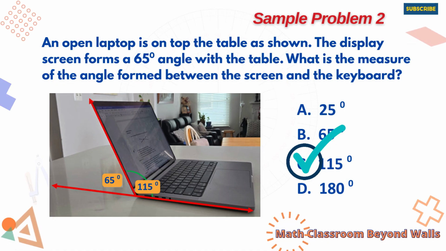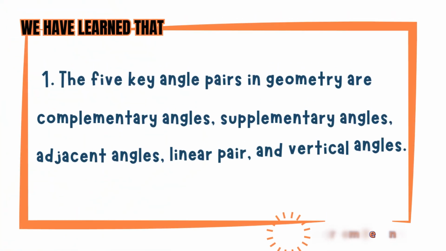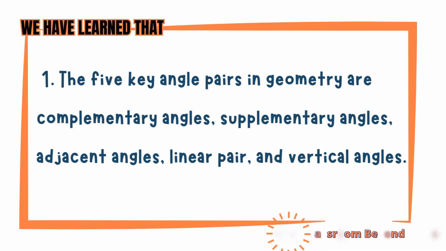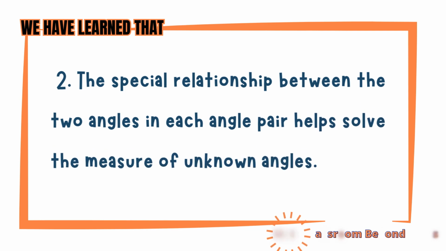I hope that you acquired lots of learnings in today's video. Let us summarize what we have learned today. We have learned that, first, the 5 key angle pairs in geometry are complementary angles, supplementary angles, adjacent angles, linear pair, and vertical angles. Second, the special relationship between the two angles in each angle pair helps solve the measure of unknown angles.